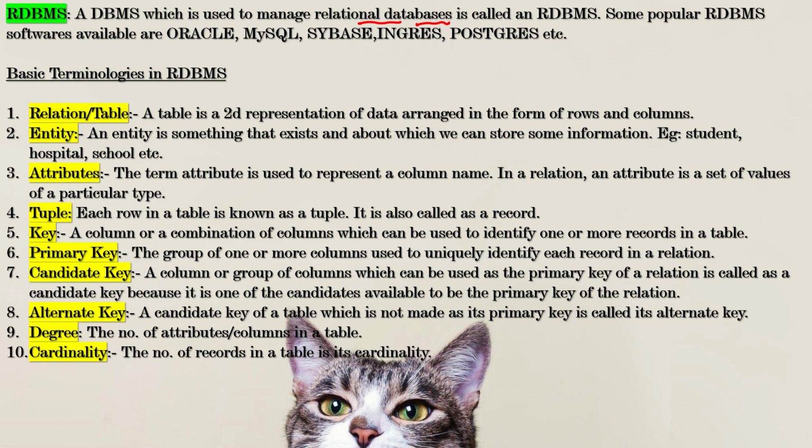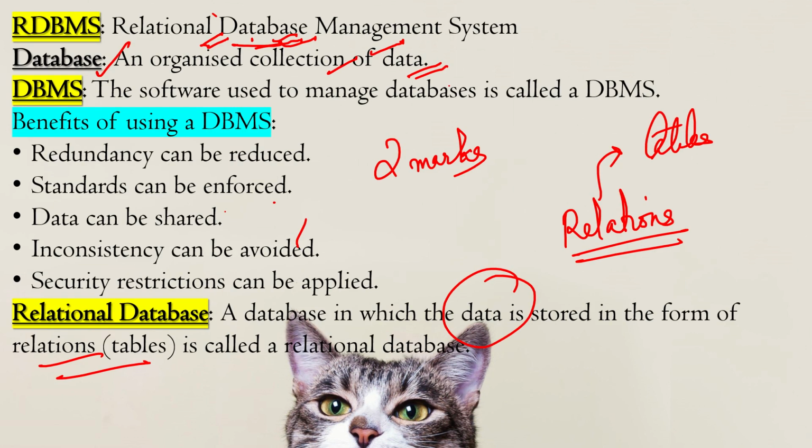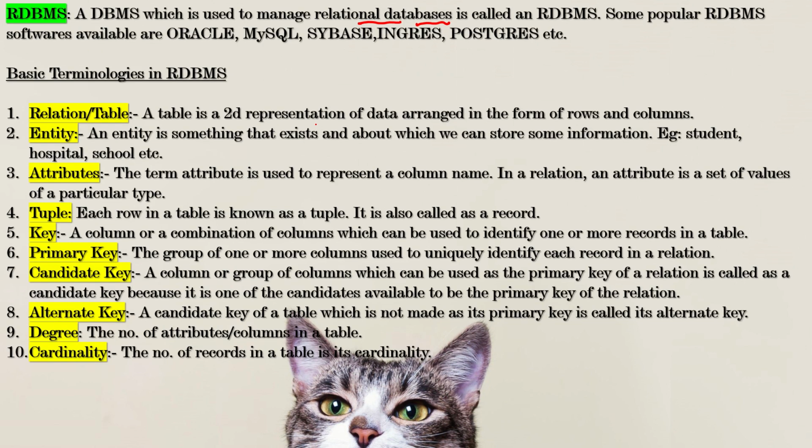So when RDBMS came, we have an extra letter R. So here we should add the word relational along with the previous definition. A database management system that is used to manage not just databases, but relational databases. Okay. Here it was a software used to just manage databases. When R came, just add the word relational.